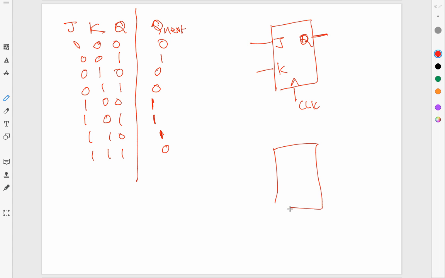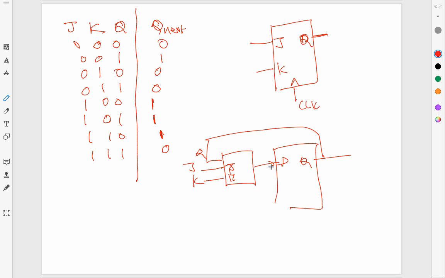This is what I'm saying, that you have D, Q, you will have some logic out here which is going to take J, sorry, it's going to take J, K, and it is going to take Q. And it's going to be getting the next Q out here, and you can figure out what that logic would be. So JK flip-flop, SR flip-flop, T flip-flops, these are just specialized sequential circuits which happen to be quite useful.